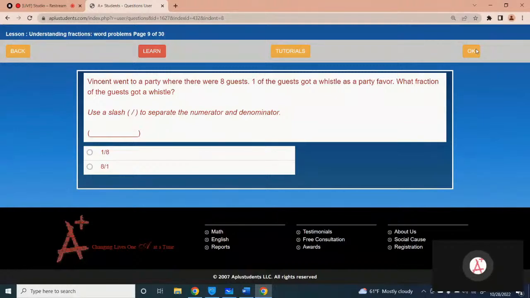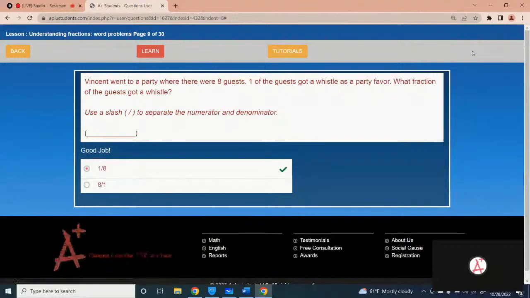Out of the 8, just one got a whistle. So the fractional answer is 1 over 8. Got it? So select the correct option and then click on the OK button.